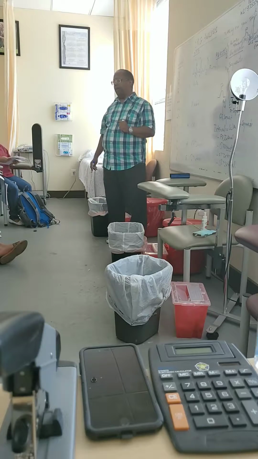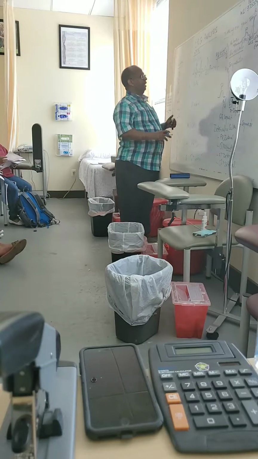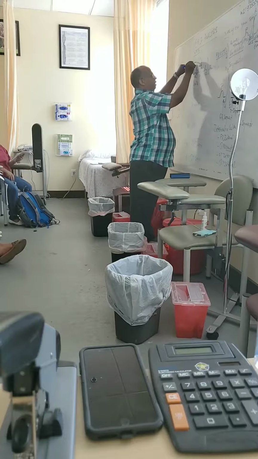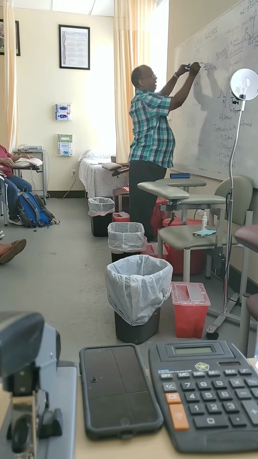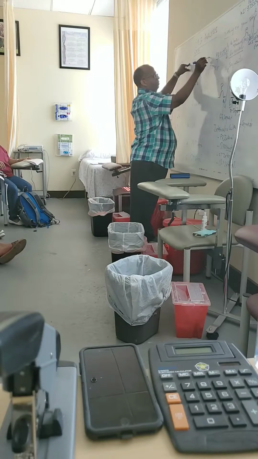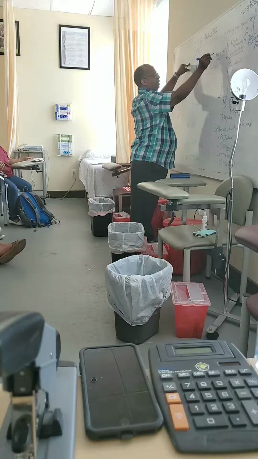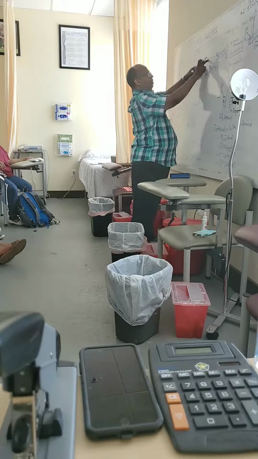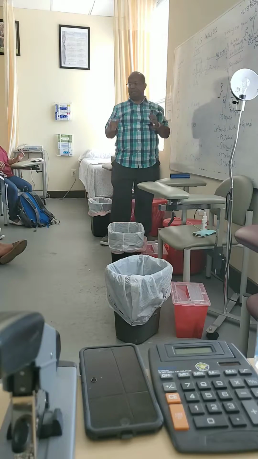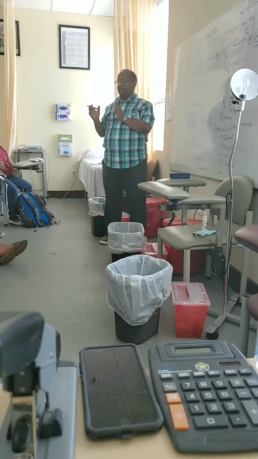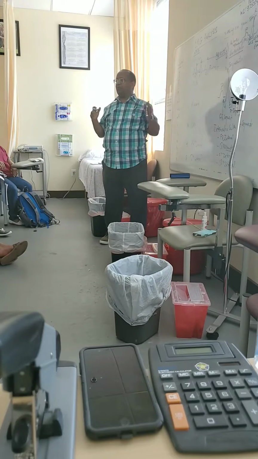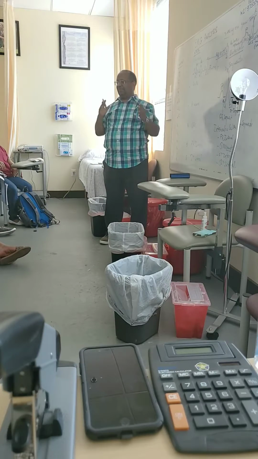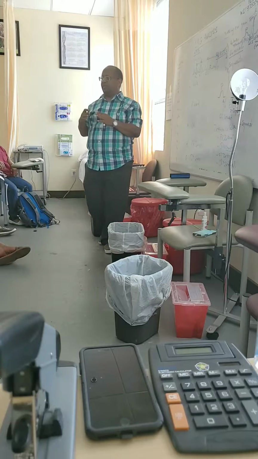Now we take the gap, the distance between this and this. Do they have the same interval, the same pacing? If it is not, then we call it irregular.